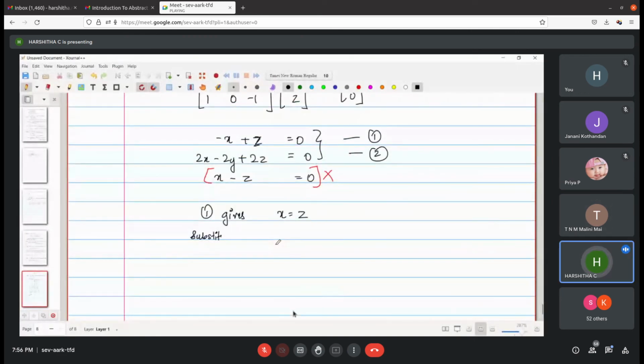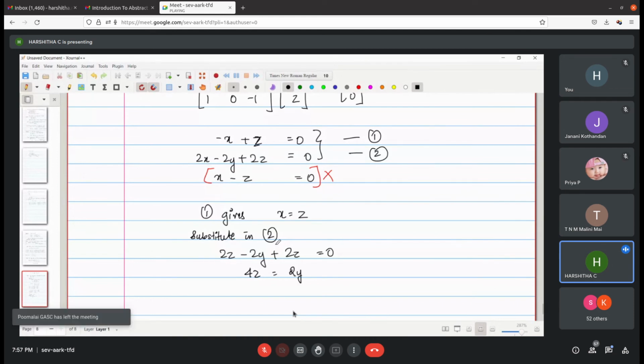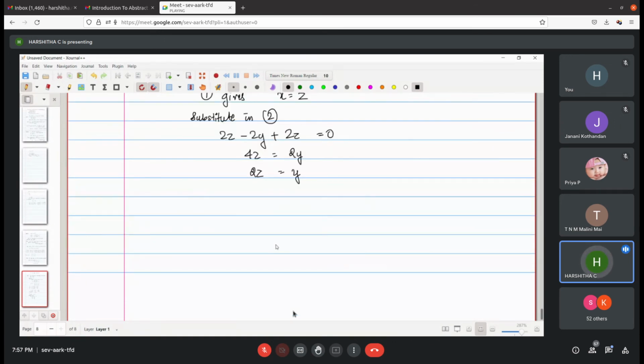So what we get is 2z minus 2y plus 2z equal to 0, which is 4z equal to 2y, so 2z equal to y. Right? So once you fix the value for z, x and y are defined. So what will this vector be? This is the solution to this equation, the eigenspace corresponding to the eigenvalue 5.